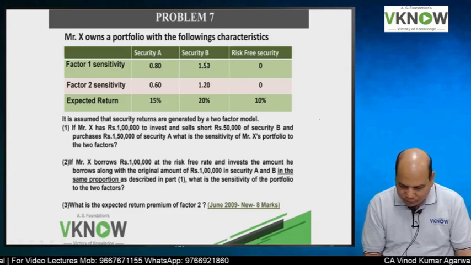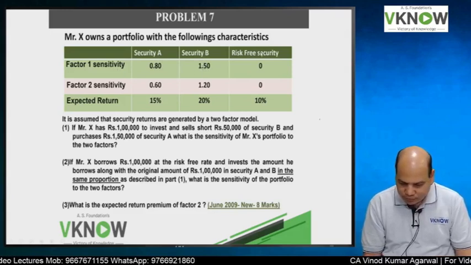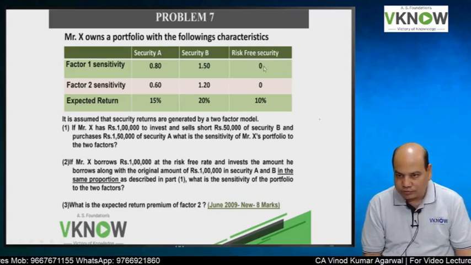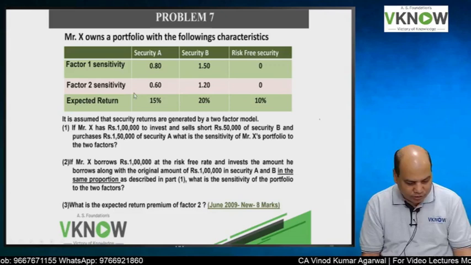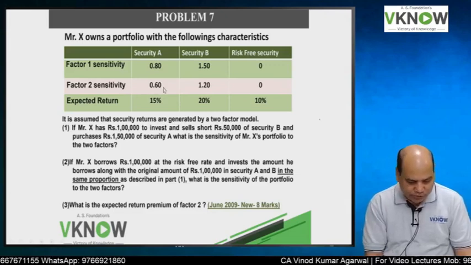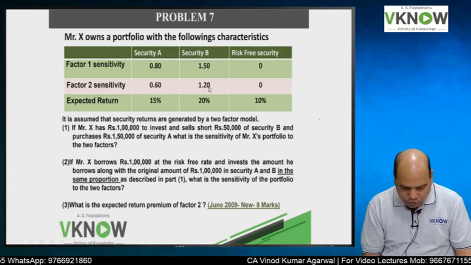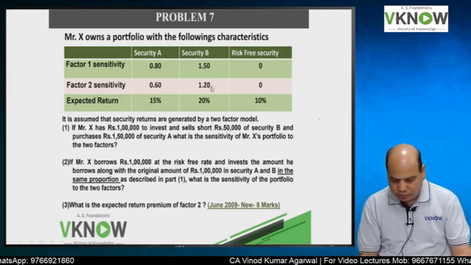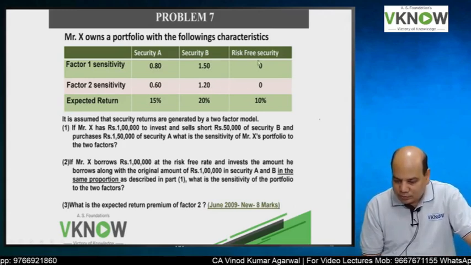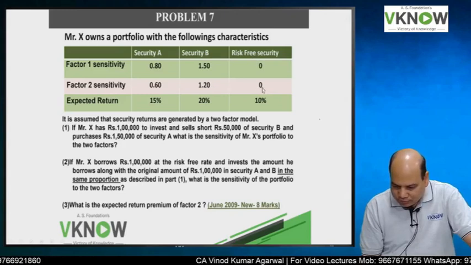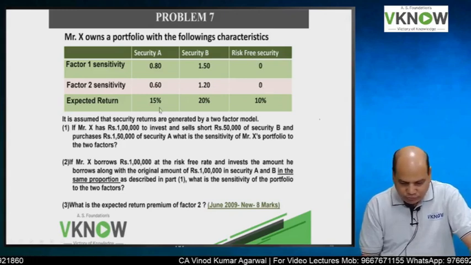This is beta of security B for factor sensitivity. Risk-free security has a beta of 0. Factor 2 sensitivity is 0.60. Factor 2 sensitivity for security B is 1.20 and risk-free security beta is 0.